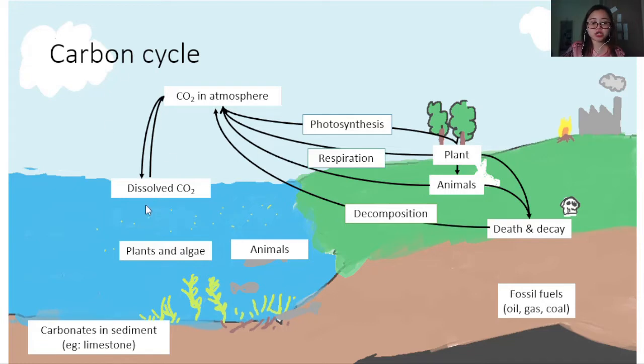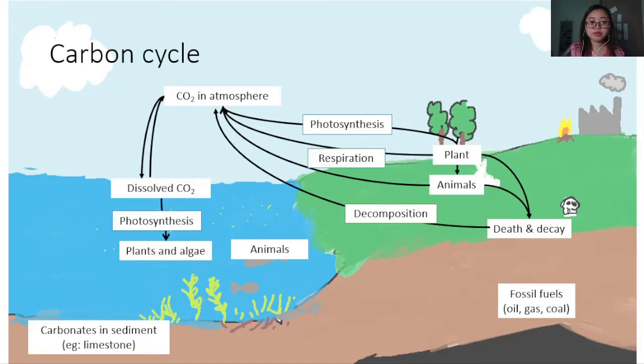So this is interchangeable. The carbon dioxide that is dissolved in the water can be absorbed by plants and algae through photosynthesis. So this is photosynthesis done by aquatic plants and algae.